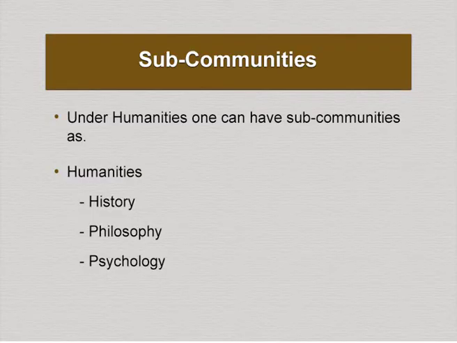But basically, what exactly the end user intuitively thinks your digital repository should look like, based on his approach, probably you divide your entire collection of digital repositories into various communities and subcommunities and collections. So, again to come back to the examples of subcommunities, under humanities one can have subcommunities like history, philosophy, psychology.